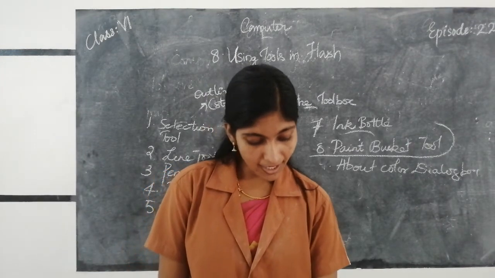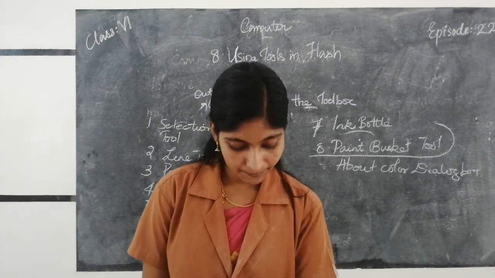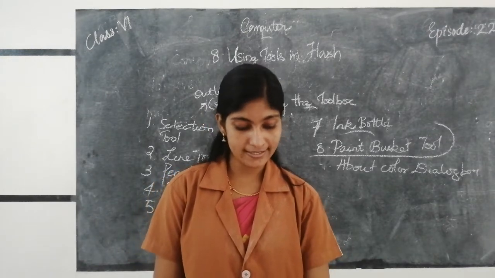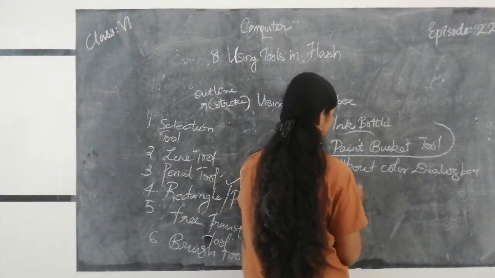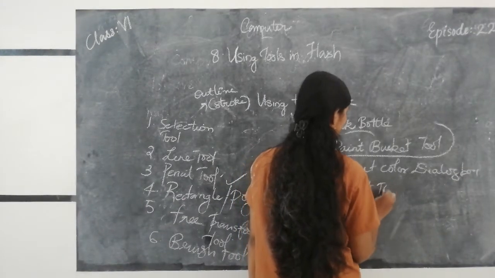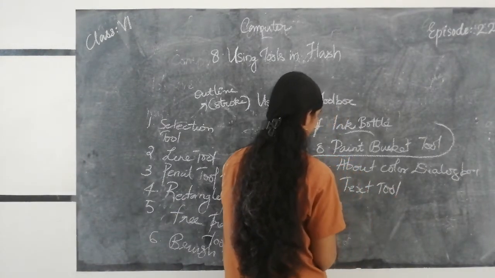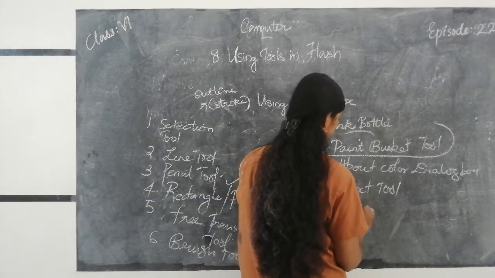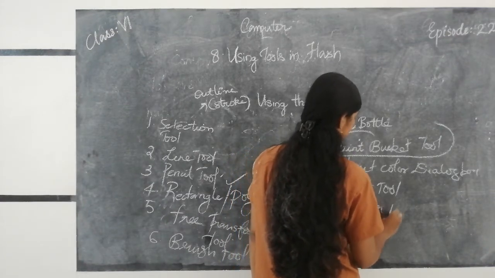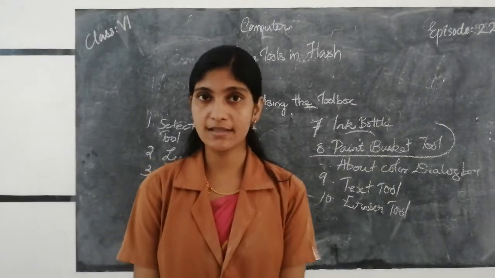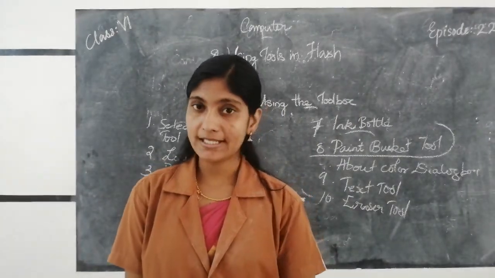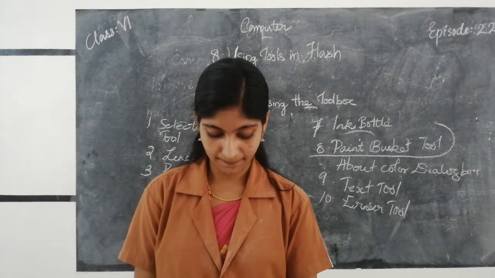Then some other tools, that is the text tool and the eraser tool. The ninth one is the text tool, the tenth one is the eraser tool. Text tool means using this tool you can place the text block on the stage.